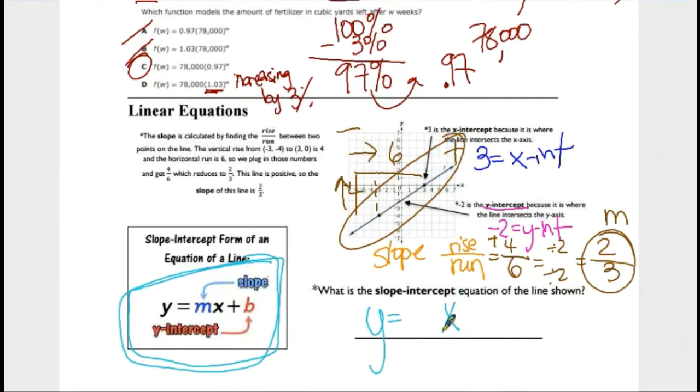So I'm just going to go ahead and plug those in. And we got our slope was 2/3. And our b, it tells us b is the y-intercept. Our y-intercept was -2, so I'm just plugging in -2. So this is the equation of the line.